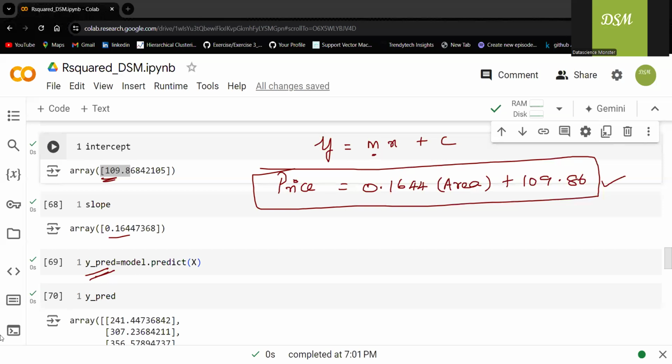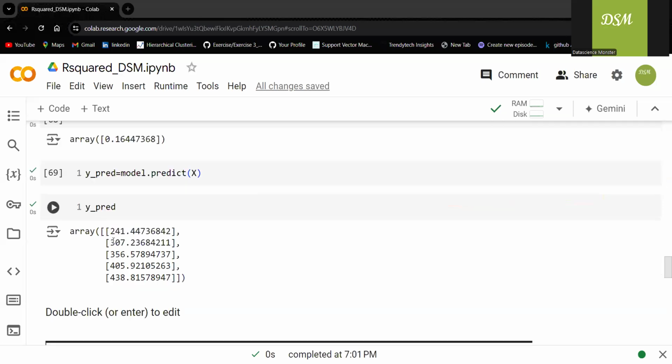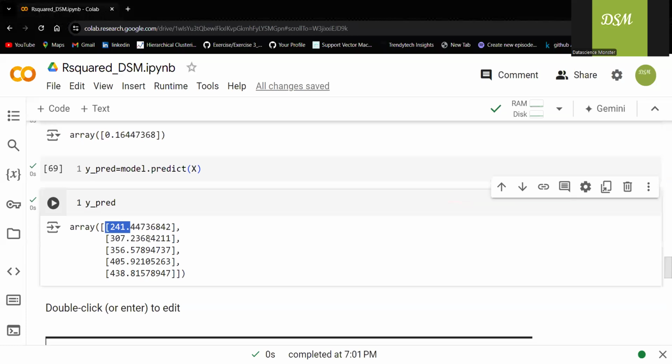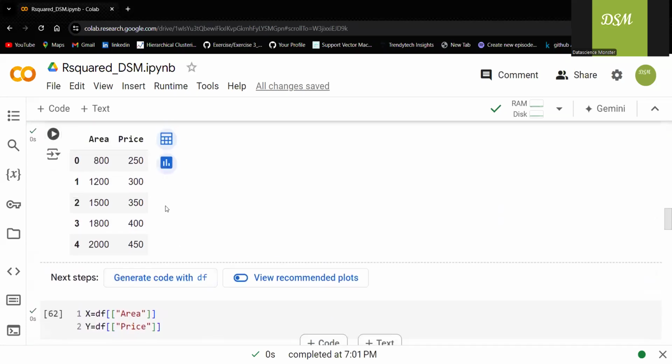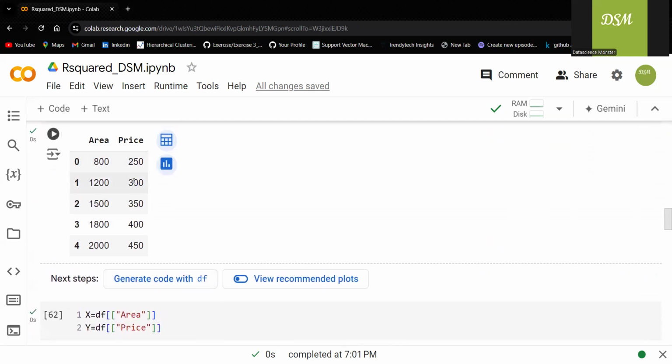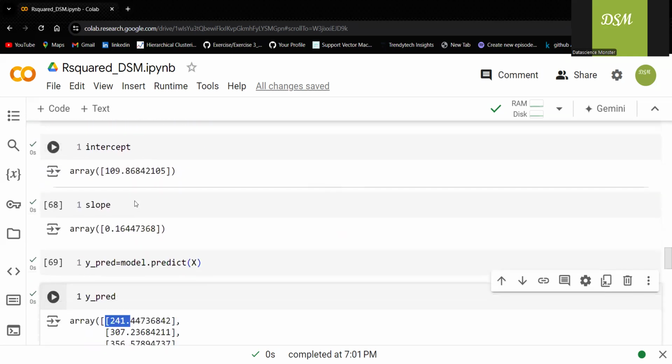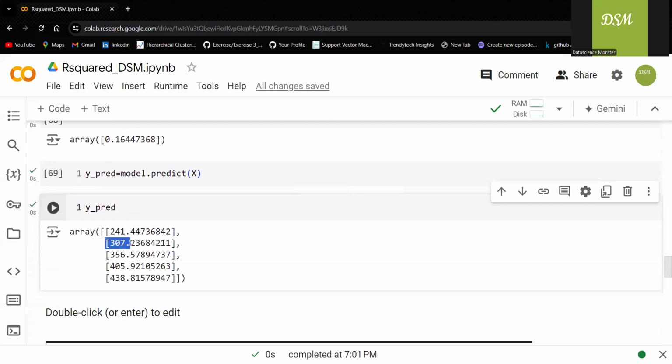Now you can see that it is predicting 241, but the actual value is 250. It should be 300, but it is predicting 307. 350 is predicted as 356, 400 as 405, 450 as 438.